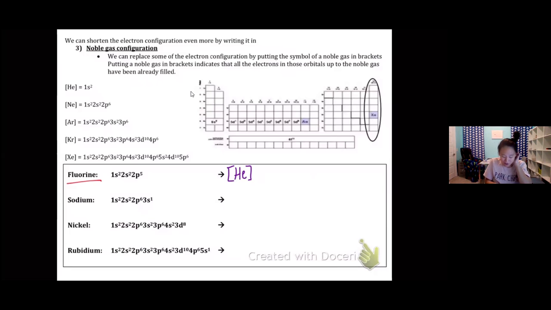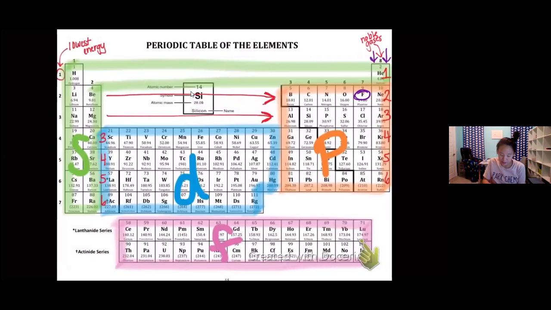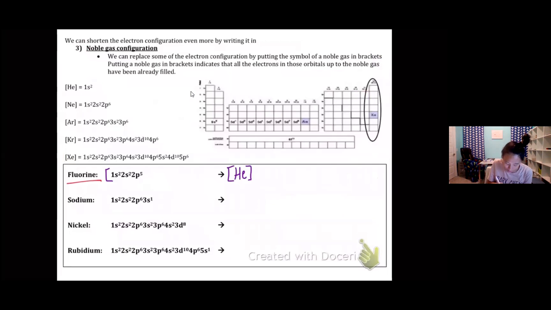So helium is going to take the place of everything that starts at the beginning all the way to where helium is, okay? So where is helium? Helium is in energy level 1, and it lives in the s orbital, right? So it's in 1s, and it's the second one, right? So 1s2, this part right here gets replaced by helium, okay?